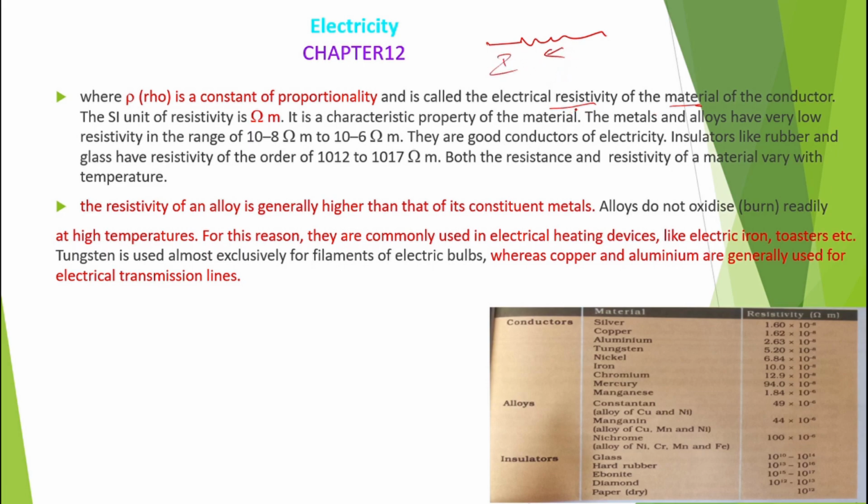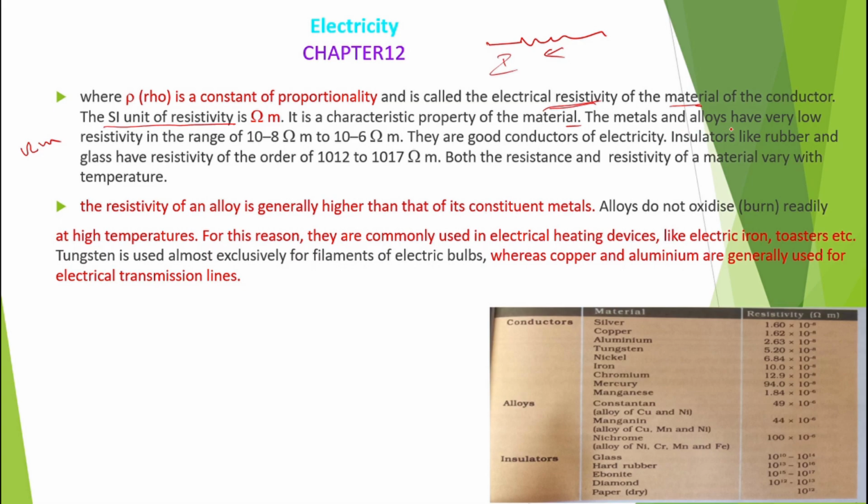That is called resistivity, the electrical resistivity of the material of the conductor. The SI unit of resistivity is ohm meter. So it is a characteristic property of the material. So all materials have this property depending on their nature.